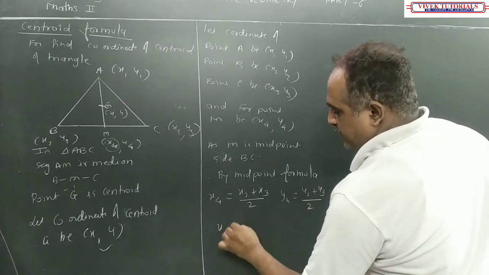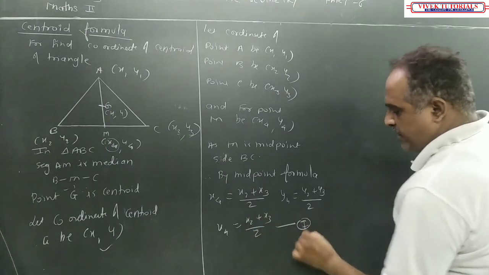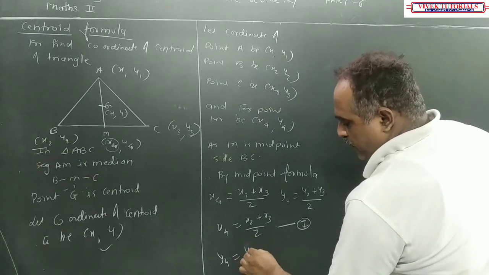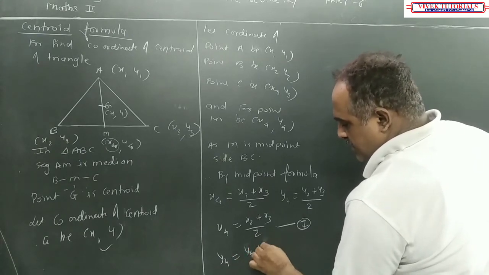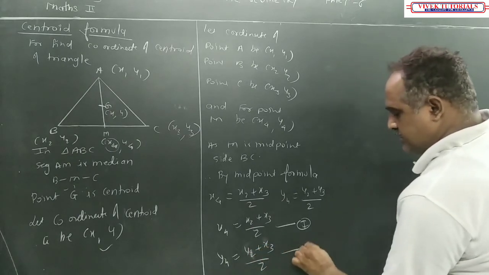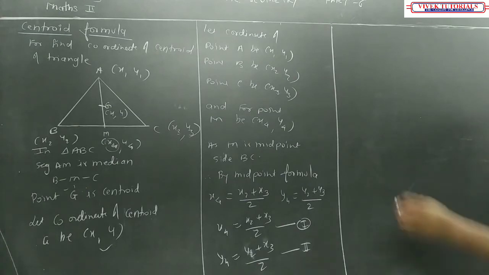So x4 is equal to x2 plus x3 upon 2 is the equation 1, and y4 is equal to y2 plus y3 upon 2 is equation 2. Correct?